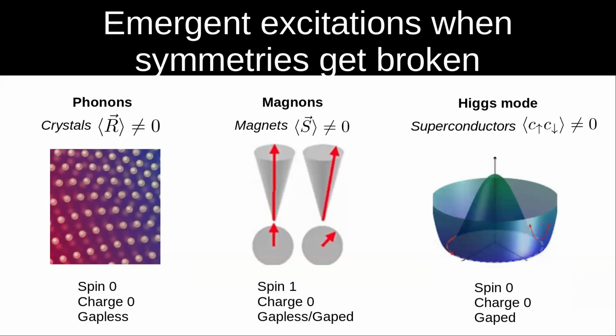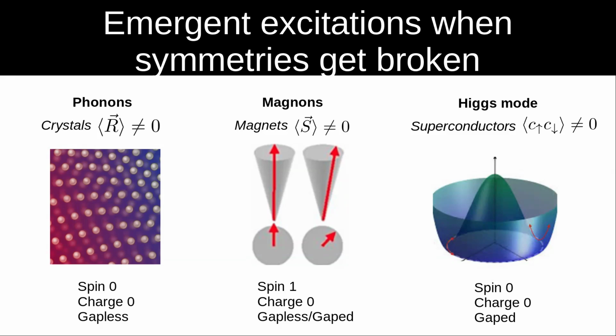Okay, so there's one more thing related with symmetry breaking that is extremely important, which is that every time we have a symmetry breaking, there's the potential for a new quasi-particle to appear. We can have quasi-particles that appear because a material breaks the continuous symmetry of real space. You can think that crystals break the continuous symmetry in real space because, well, you have atoms in one location in space, but you don't have atoms in another location in space.